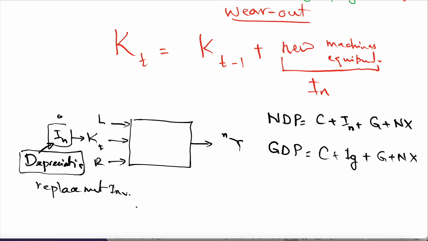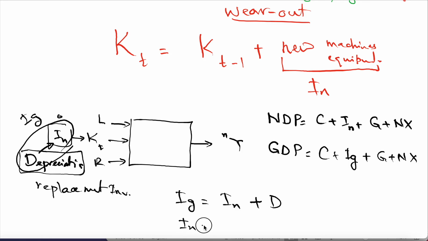And what is that? The gross investment is actually the net investment plus the depreciation. So all together, it's the gross investment. So you can say that the net investment is actually the gross investment minus the depreciation. So gross investment is always larger, should be larger if the new investment is going to be positive.